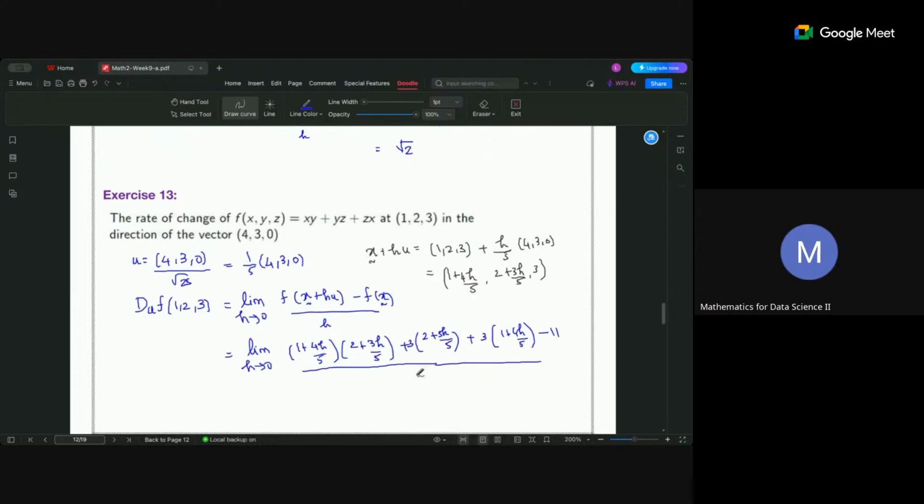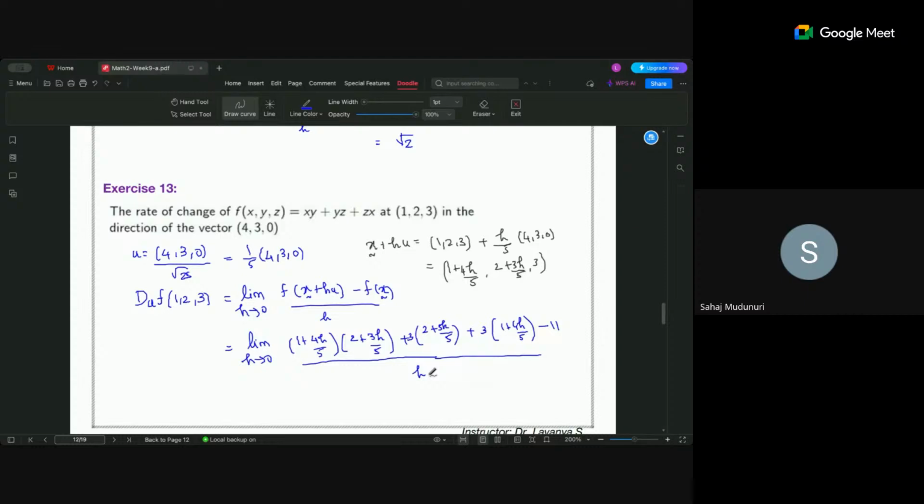Ma'am, here x tilde is just the unit vector, no? Just to confirm. X tilde is this vector. U is your unit vector. Oh, sorry. Okay. Ma'am, 32 by 5 I'm getting. 32 by 5. Yes, correct.